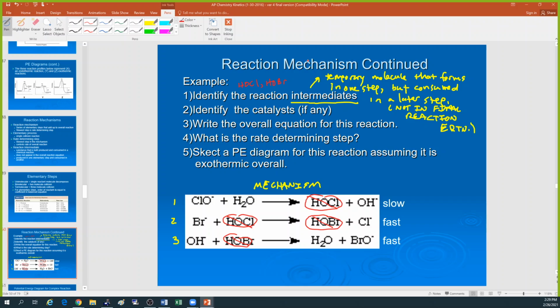Would OH be one? Oh, yes. Even though they're not directly one step after the other, it doesn't matter. I said any subsequent step. So it's produced in step 1, but then consumed in step 3. So hydroxide is also an intermediate.